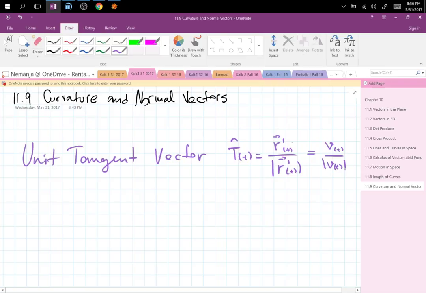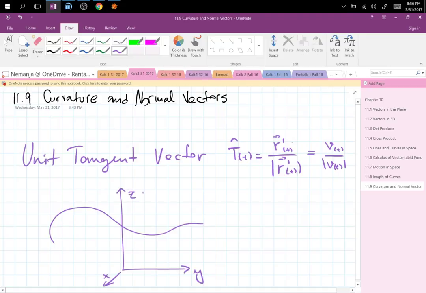Velocity divided by speed makes more sense for the unit tangent vector, because if you have some kind of curve in 3D space, the tangent vector is the one that tells you the direction of motion along that path.